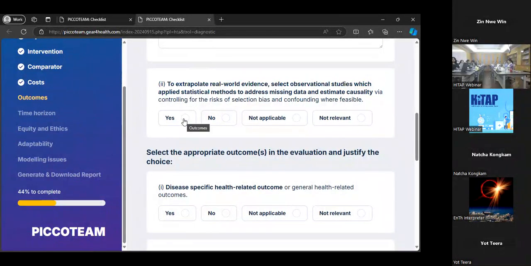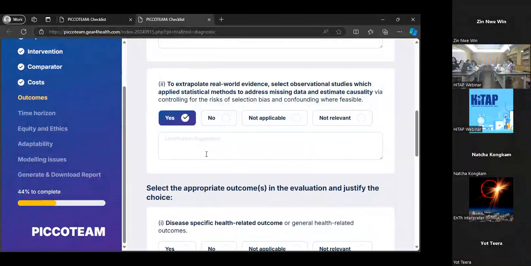And our recommendation is that you select observational studies, preferably those that already apply statistical methods to adjust for selection bias and confounding, such as propensity score matched or propensity score weighted studies that compare the outcomes, and at least apply regression analysis and adjust for confounding effects.